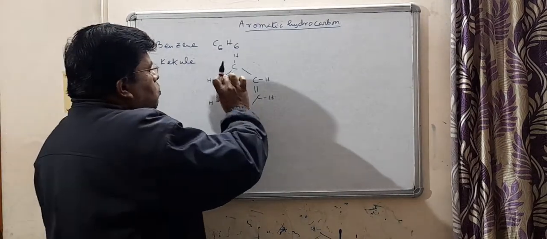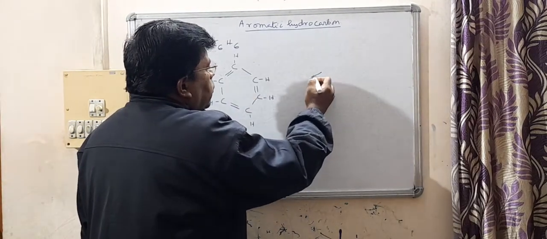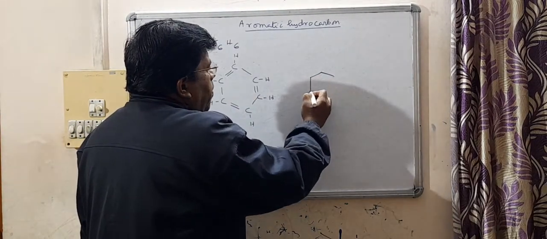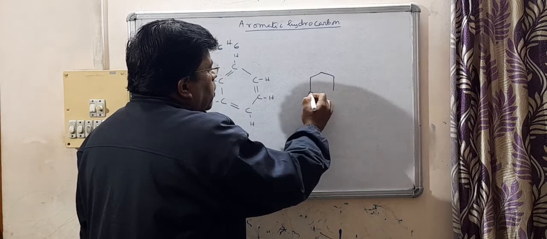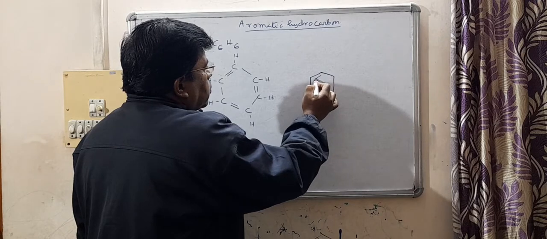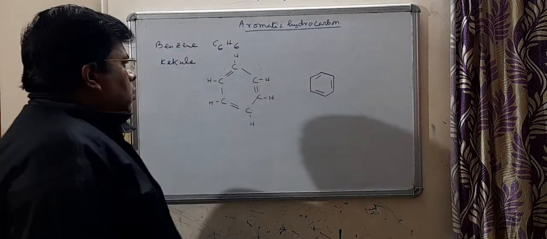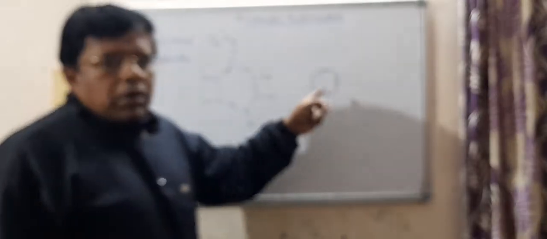So the bond line notation of this will be like this. This is the Kekulé structure of benzene.